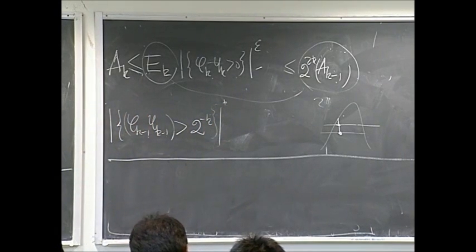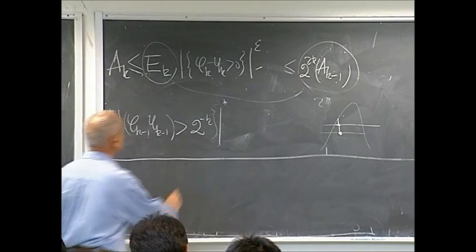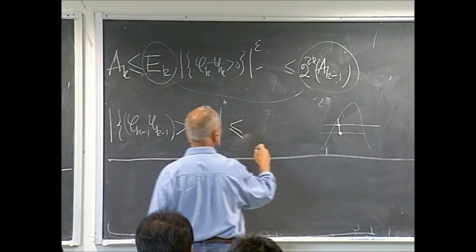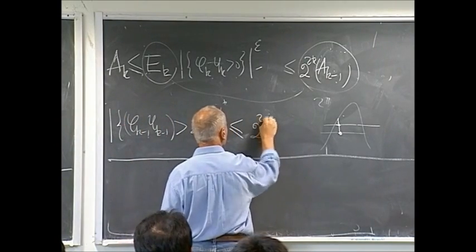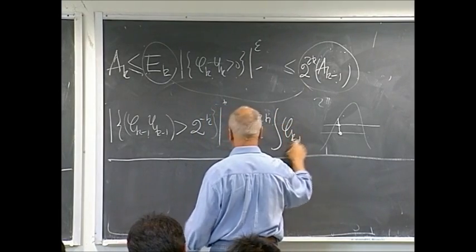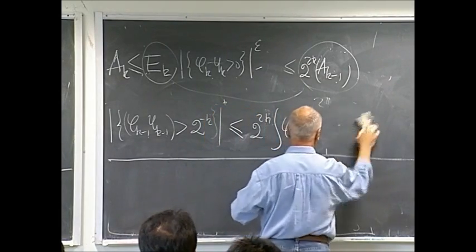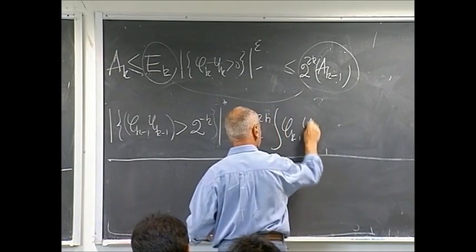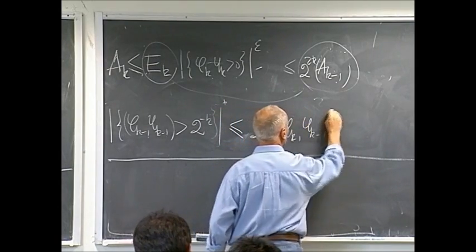Okay? And by Chebyshev inequality, the measure of this set is smaller or equal than 2 to the 2k, the integral of phi_{k-1} u_{k-1} squared.